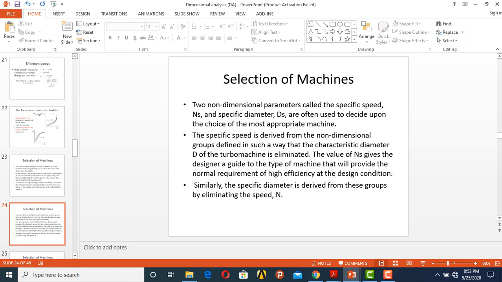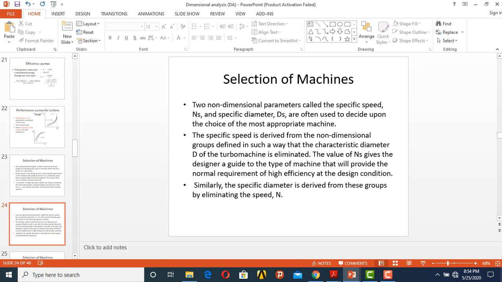So in order to achieve the easiest way of selecting or coming up with this design, there are two parameters which are prominent, which are cardinal in achieving this. These two parameters are specific speed as well as specific diameter.